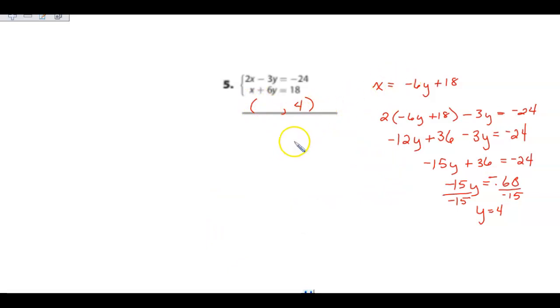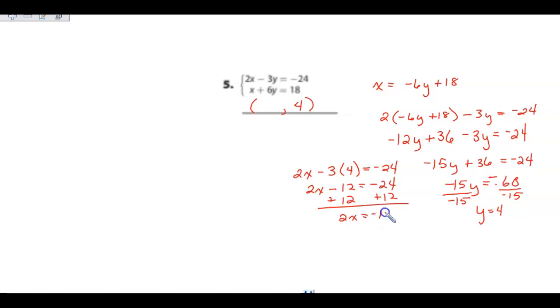Now, in our equation, we're going to replace our y with 4 and find out what x is. So 2 times x minus 3 times 4 equals negative 24. That's negative 12. Add 12 to both sides. And I get 2x equals negative 12. Divide by 2. x equals negative 6. Now let's test it.